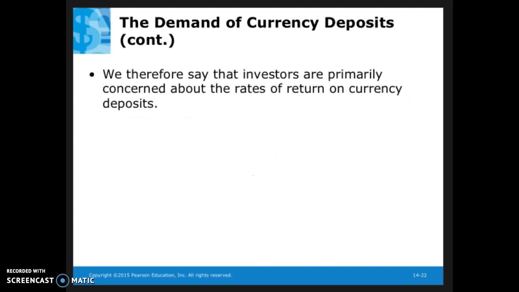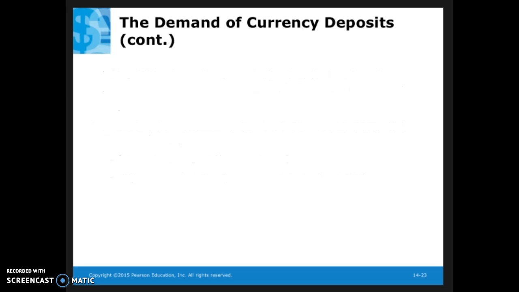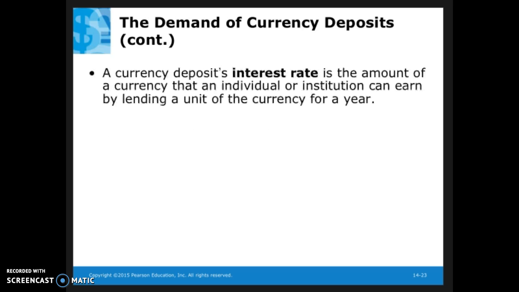So investors are primarily concerned about rates of return on currency deposits. These are determined by the interest rates that the assets will earn and expectations about appreciation or depreciation. A currency deposit's interest rate is the amount of a currency that an individual or institution can earn by lending a unit of the currency for a year.